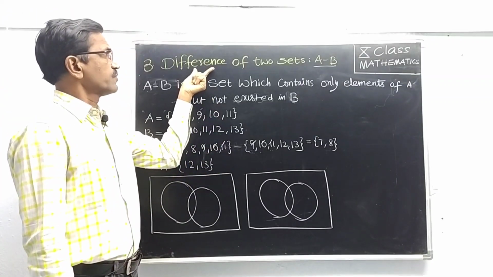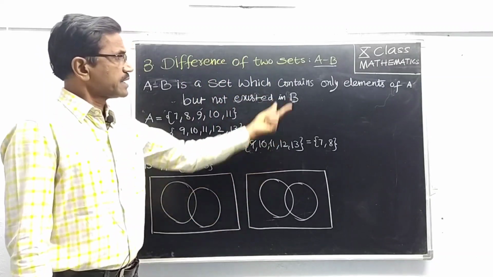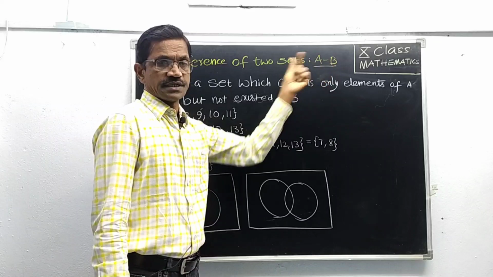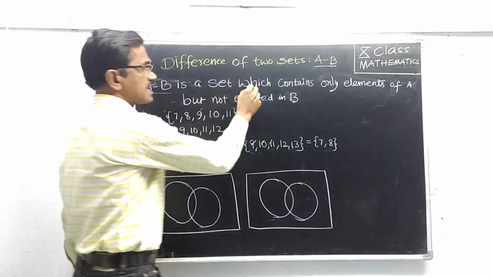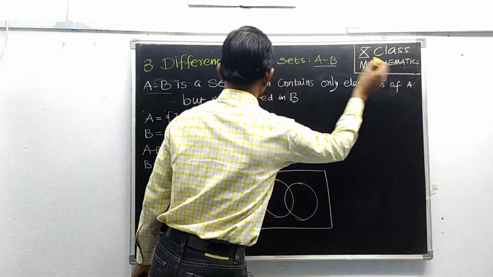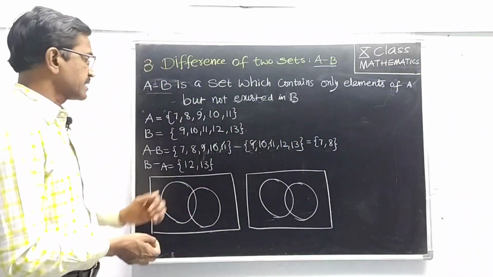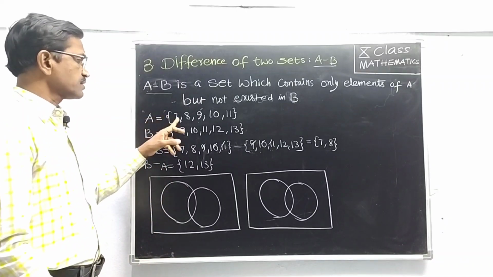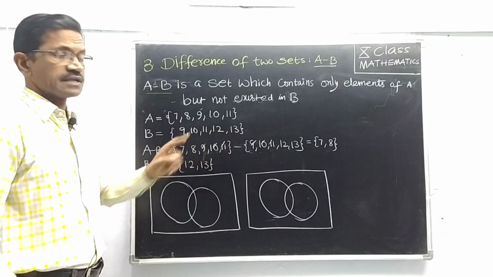Write the definition of difference of two sets and Venn diagram of difference of two sets. A minus B is a set which contains only elements of A but not existing in B. Here A is equal to 7, 8, 9, 10, 11. B is equal to 9, 10, 11, 12, 13.